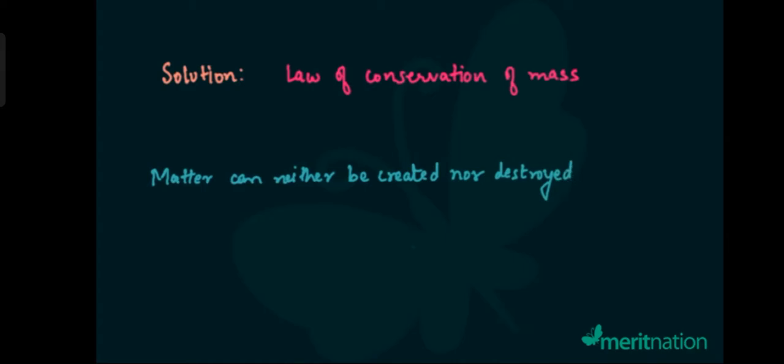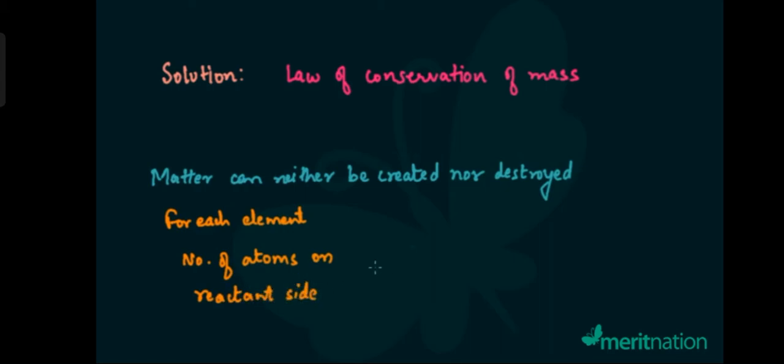If we apply the same principle to chemical equations, it would mean that for each element involved in the chemical equation, the number of atoms on reactant side has to be equal to the number of atoms on product side.